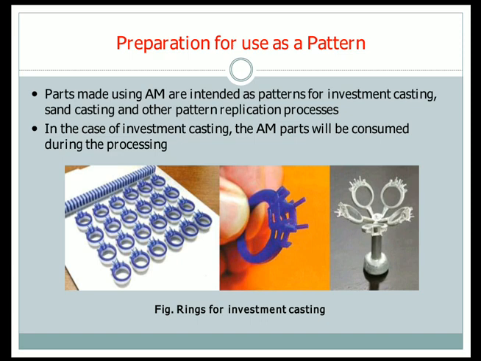The figure shows rings manufactured for investment casting. In figures A and B, they have manufactured the rings through the investment casting method by additive manufacturing. In figure C, you can see that the metallic rings are manufactured by using plastic rings, which are manufactured by additive manufacturing.